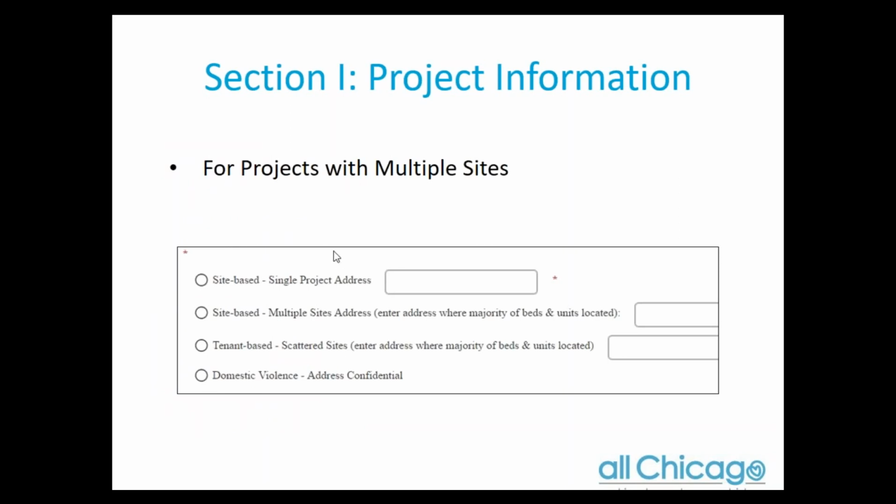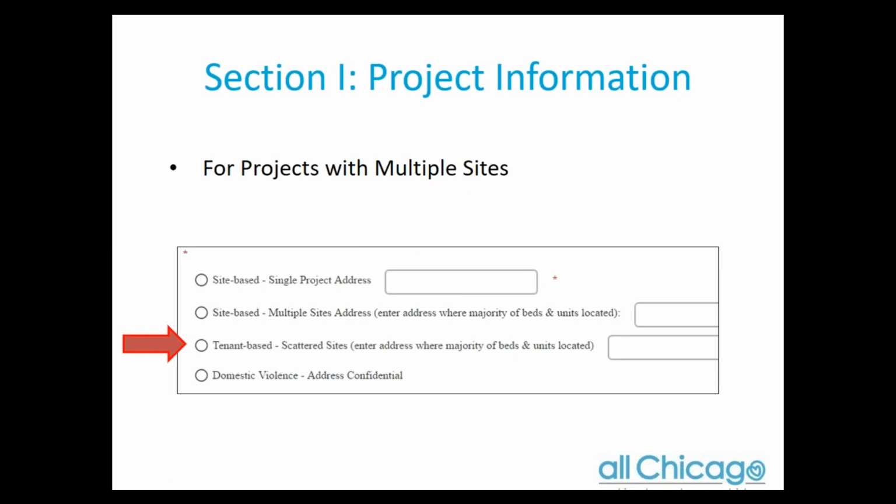So for your address, the majority of my programs on the line will probably be tenant-based scattered site. So for those, I will ask you to enter an address where the majority of beds and units are located. You will also see, once you click on that option, that you'll indicate what zip codes your other beds are located.